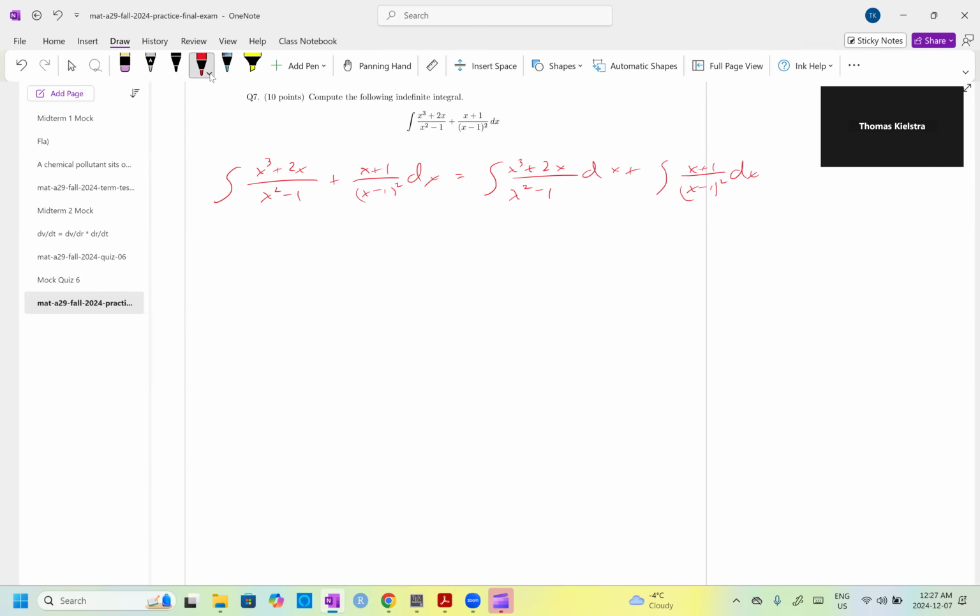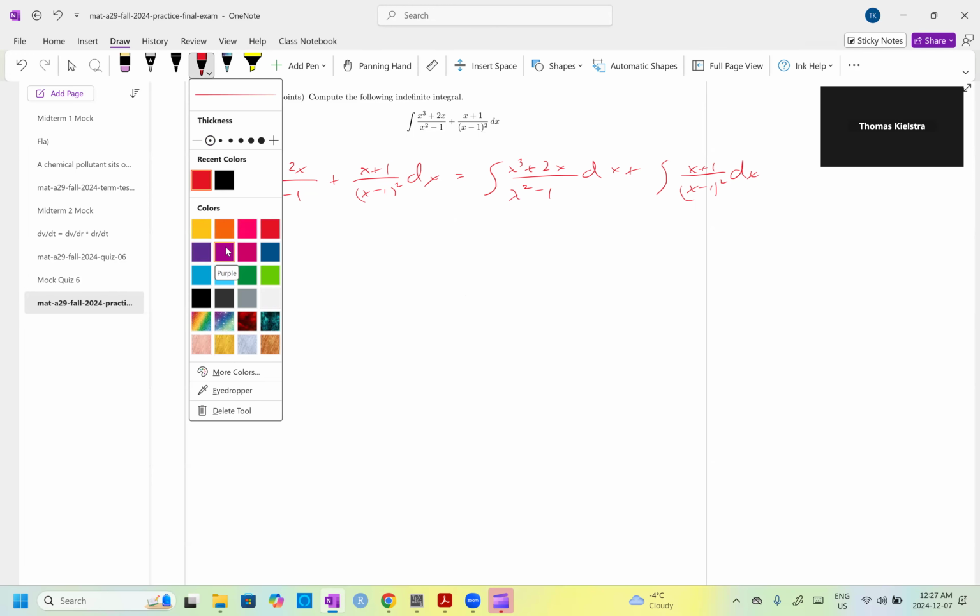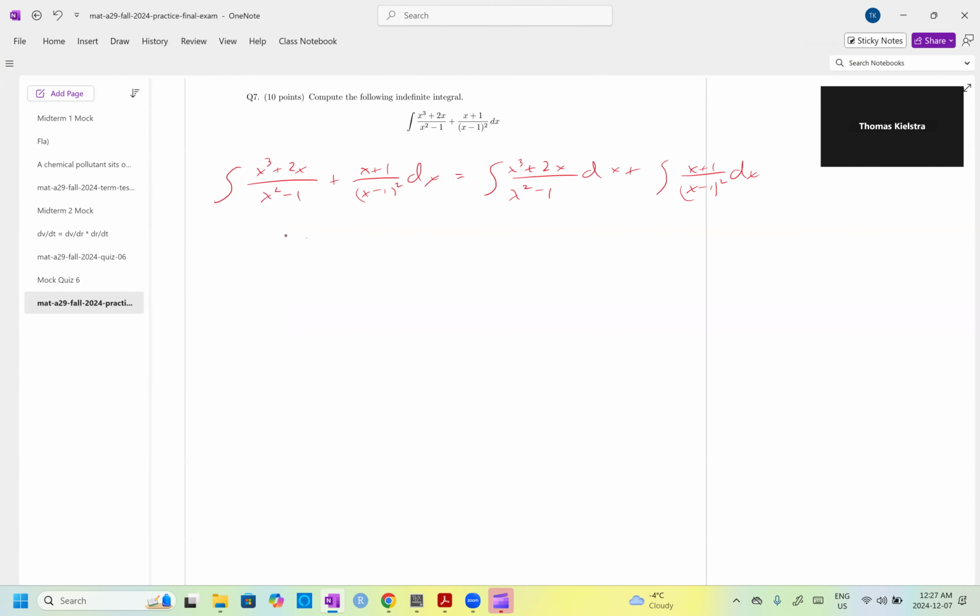And I'm just going to change my color to purple to do an aside to solve each of them individually. So here, for the partial fraction decomposition, the first thing I've got to do is polynomial long division. x cubed plus 0x squared plus 2x plus 0 divided by x squared minus 1.